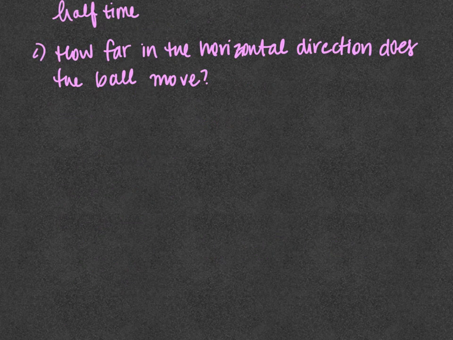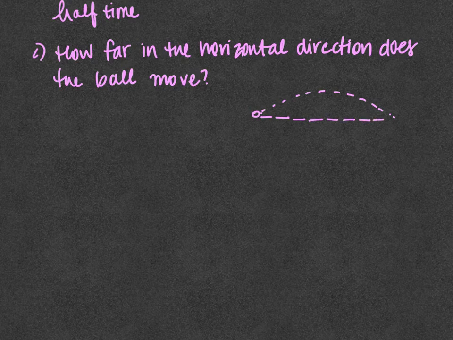So part C, how far in the horizontal direction does the ball move? So remember, the ball's kicked and it goes up, up, up, and comes down, down, down. And so we want to know, what is this horizontal distance? How far away? So that's our delta x. Now, because this is free fall motion, the object is only accelerating in the y direction.